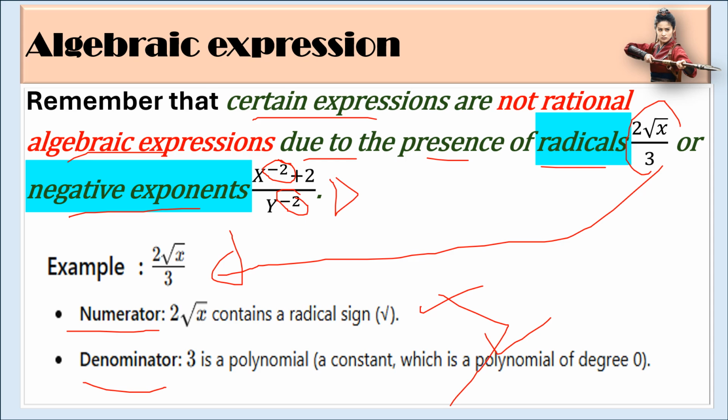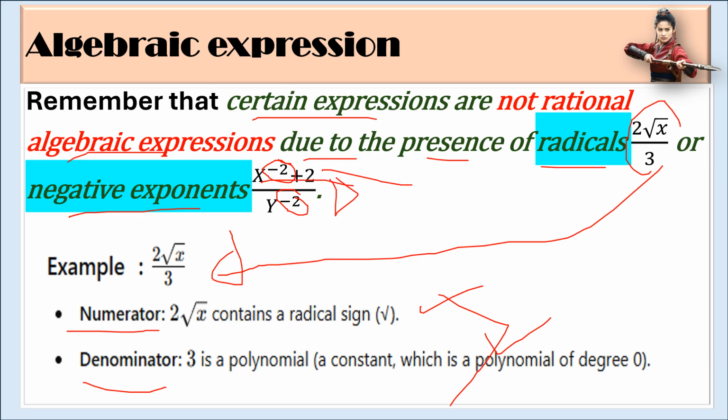Remember that polynomials are defined as sums of terms consisting of a coefficient multiplied by a variable raised to a non-negative integer power. So it must be non-negative and there is no radical.